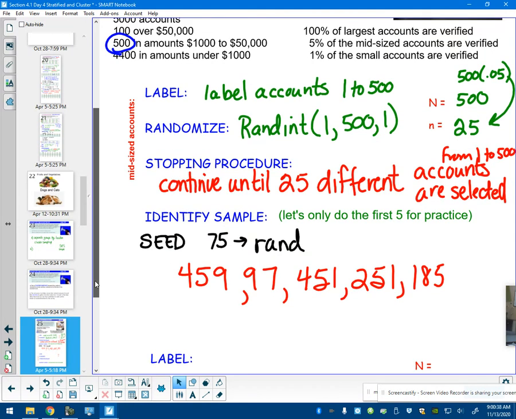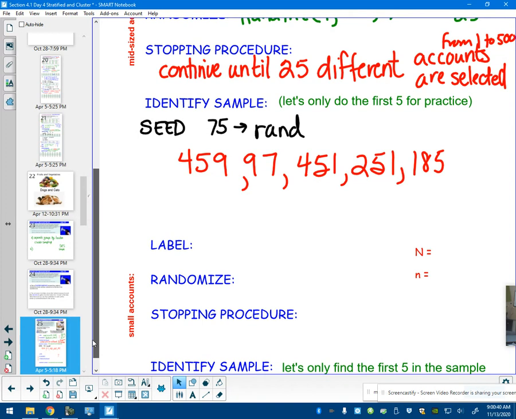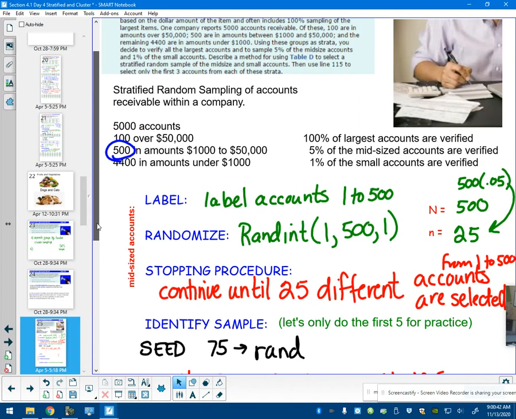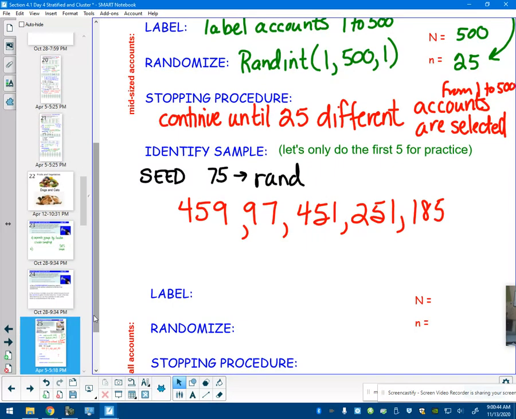Okay, just to make sure you know how to set up the small accounts, how many small accounts do we have? 4,400. 1% of that, don't say it out loud. Ben's not allowed to answer, neither is anybody else. What is 1% of 4,400?